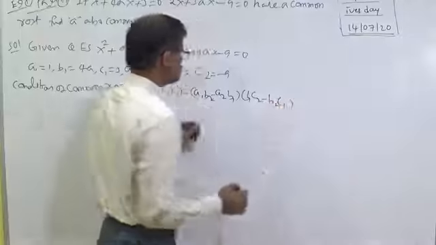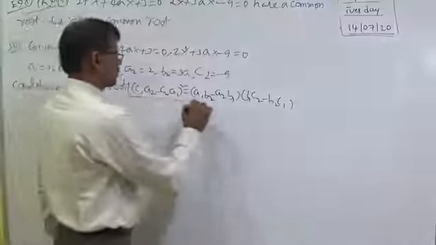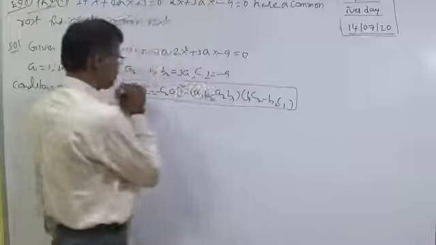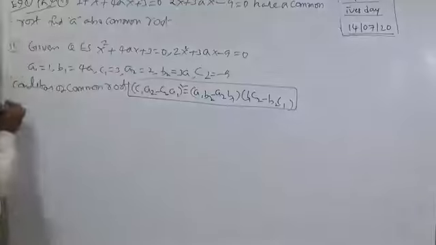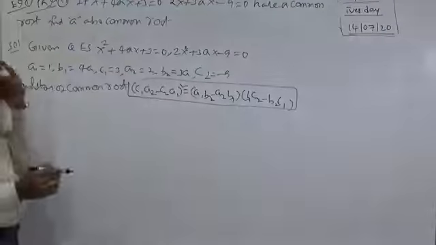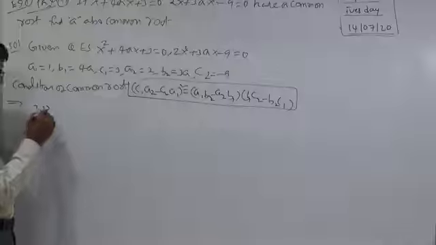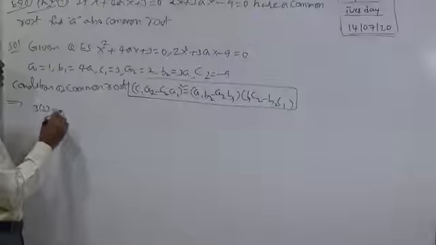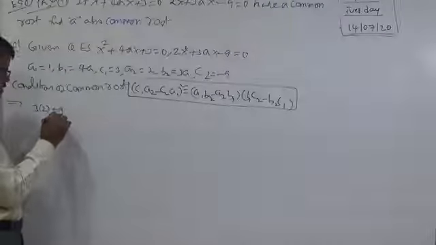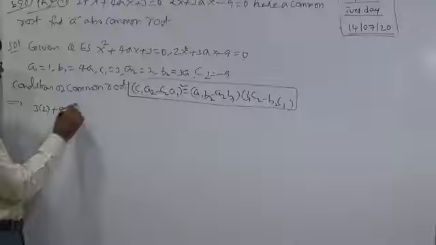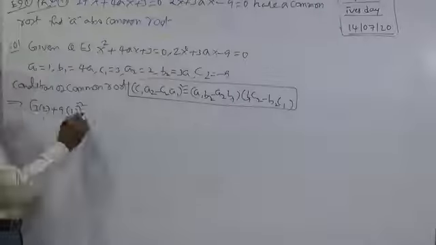Apply the values. c1a2 is 3 into 2, minus c2a1, minus of minus 9 into 1, whole square.